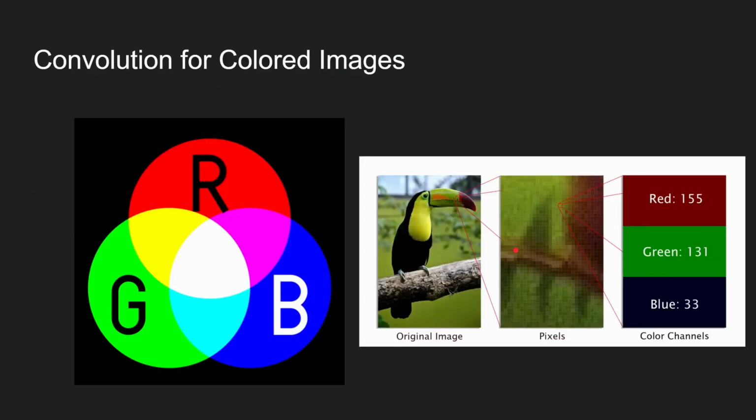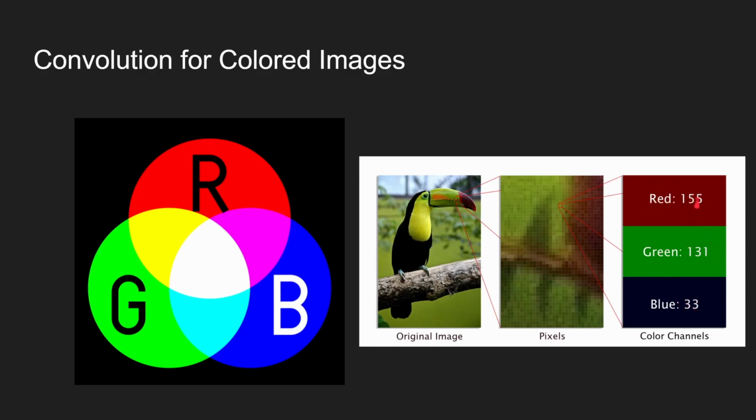Now let's talk about convolution for colored images, right? With RGB, red, blue, and green, you can create any color you want. Let's say that we have a colored image, and for each pixel, we will have a value for red, green, and blue.